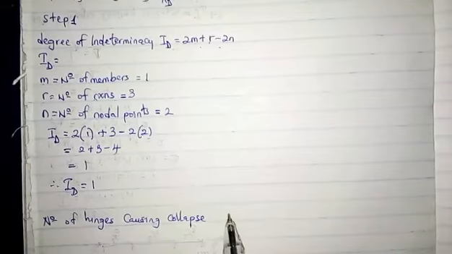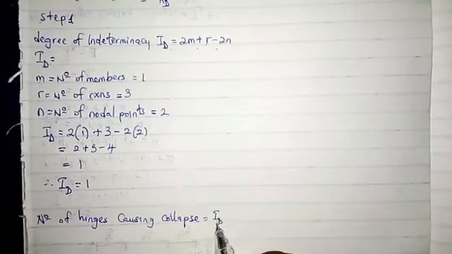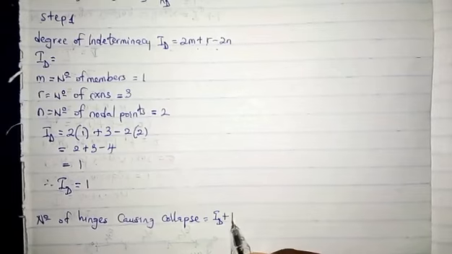Now the next step: find the number of hinges causing collapse. The number of hinges causing collapse is equal to the degree of indeterminacy plus 1.